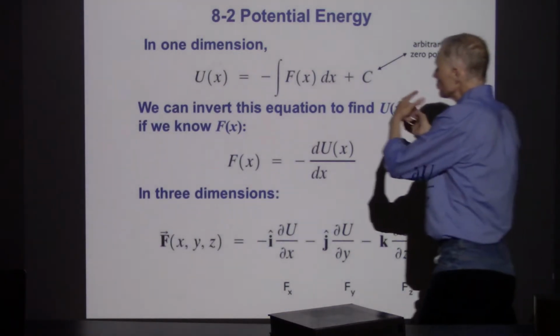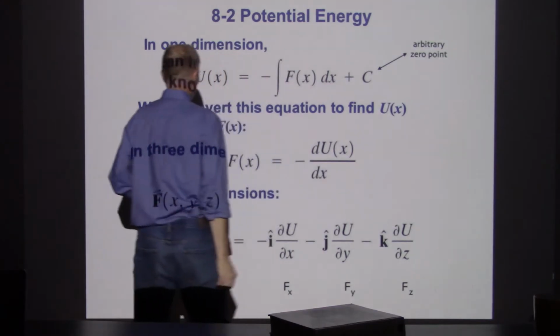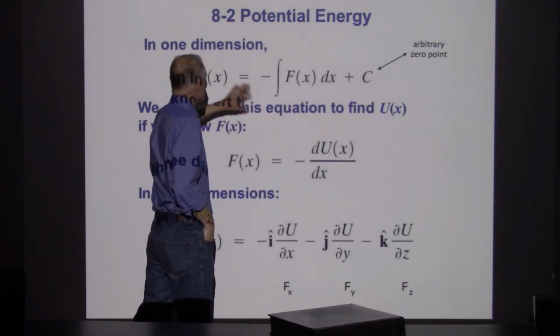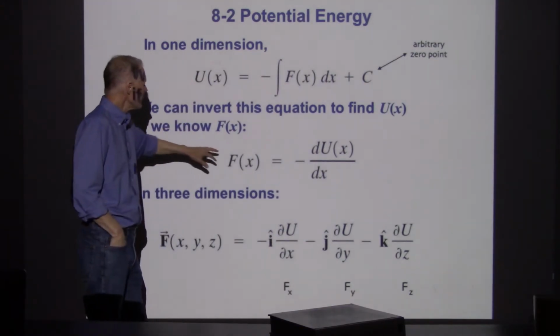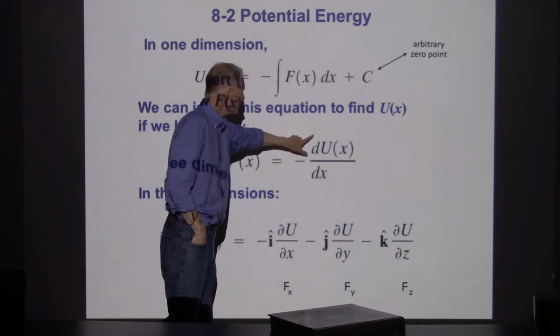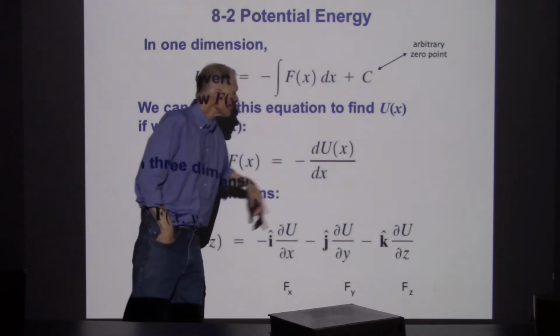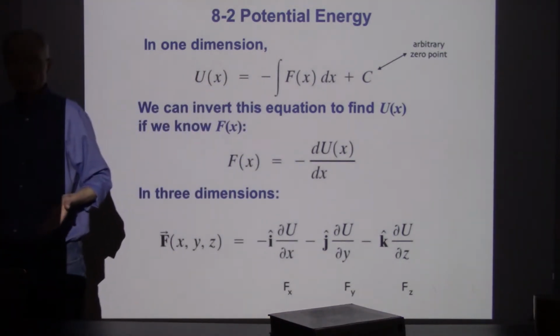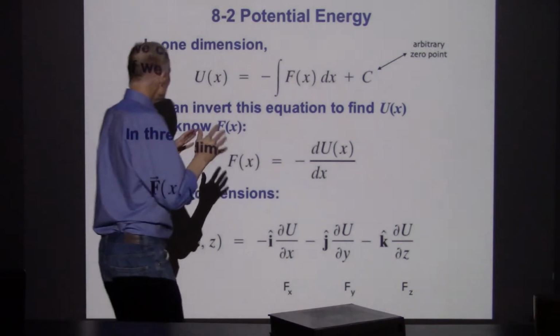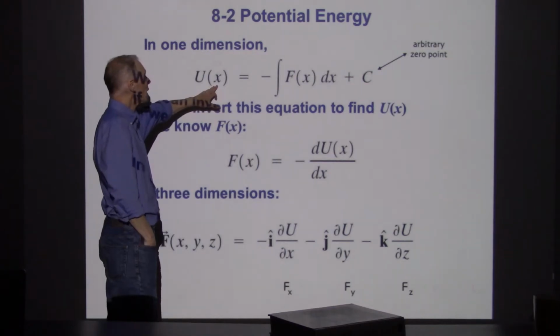Now this equation, we can flip this around, we can invert this equation so that we can show that the force then, if we differentiate both sides, is given by minus du dx. So we can take a derivative of the potential energy expression. So the potential energy is going to depend on a location.